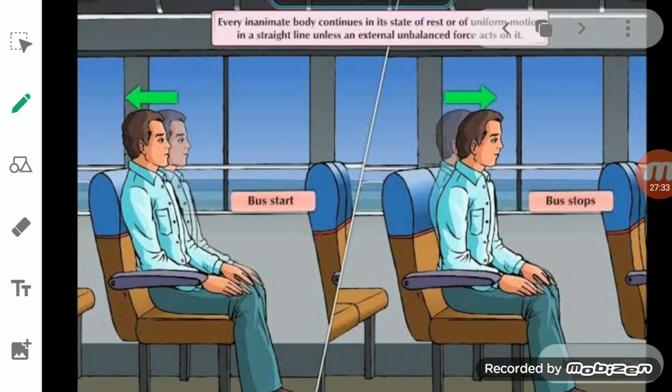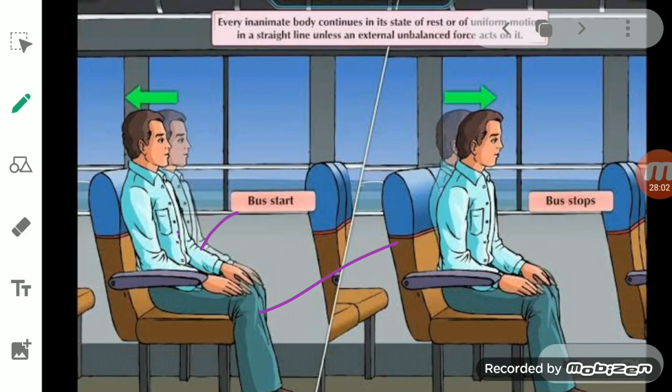We can take an example of a passenger sitting in a car or a bus. When a car or a bus starts suddenly, what happens? The passenger falls backward. It is very important, student, that when a bus or a car starts, the passenger falls backward. Why is this so? It is also because of inertia.